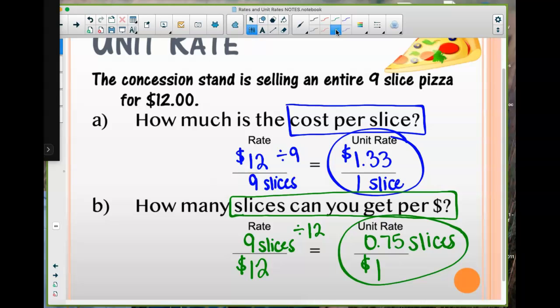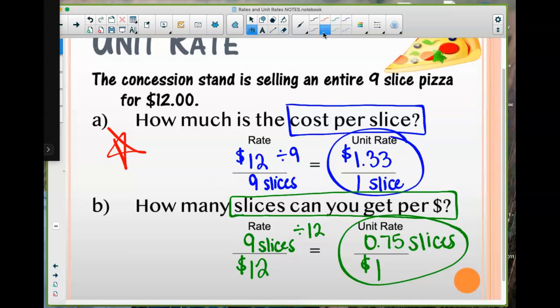Which is more useful information, A or B? Type it in the chat, either A or B. Good, I'm glad most of you are choosing A. This is way more useful. If I went up to a concession stand and said, oh, sorry, I only have $1.